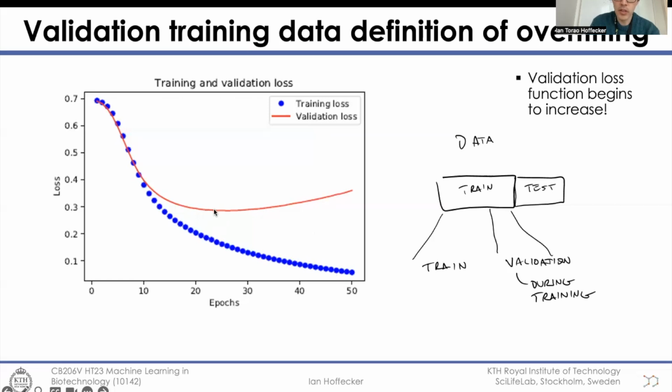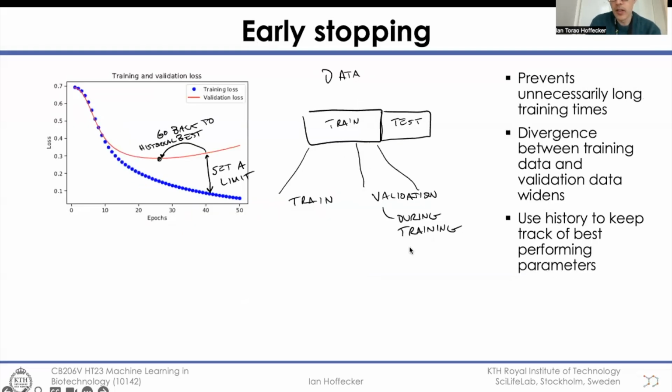So the loss function hit its minimum on epoch 24 here, and actually began to get worse, began to rise afterwards. So you could imagine that maybe if you're just looking at the training data loss function, you have a false impression that your model is getting better and better after epoch 24, but in fact, it's actually getting worse. And so one of the easiest fixes for this is to implement something called early stopping.